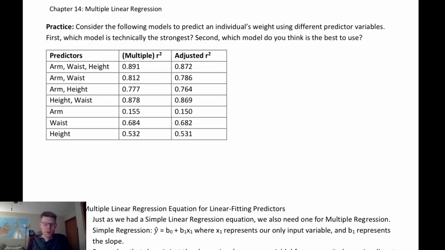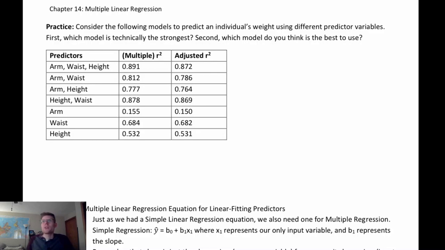For example, height as a solo predictor of weight, waist as a solo predictor of weight, arm as a solo predictor of weight, and I can see how much variability in weight I seem to explain in each of those situations. I can also see what happens if I combine any 2 of these predictors, so height and waist, arm and height, arm and waist, and I can see how much variability I'm explaining. And then I can compare that to what happens if I use all 3 together.